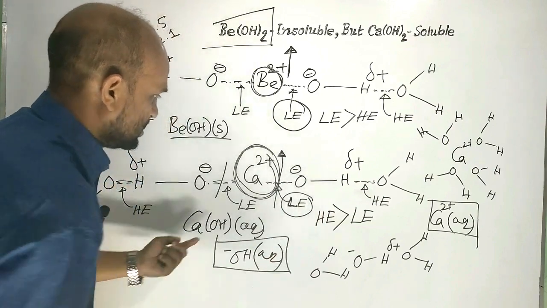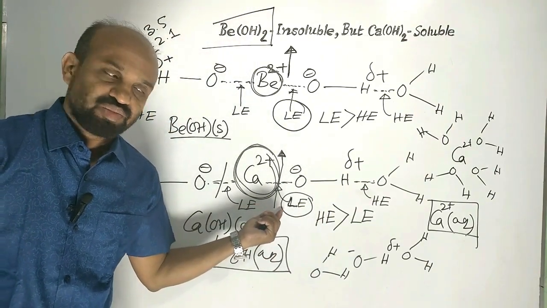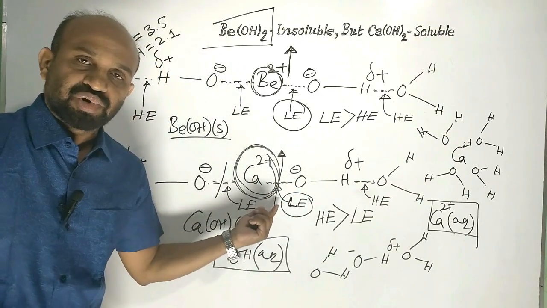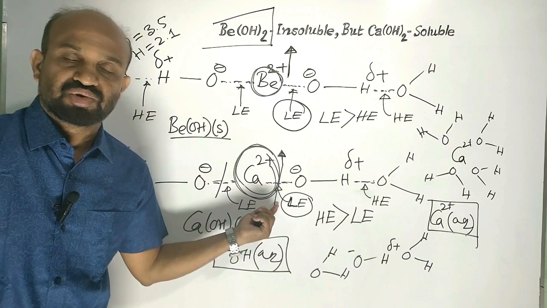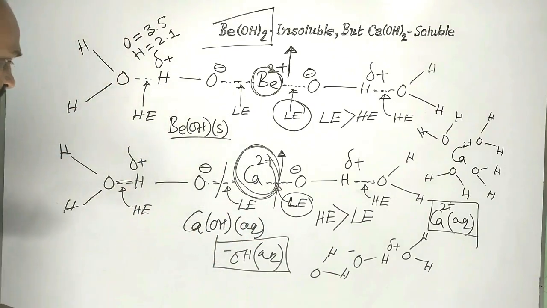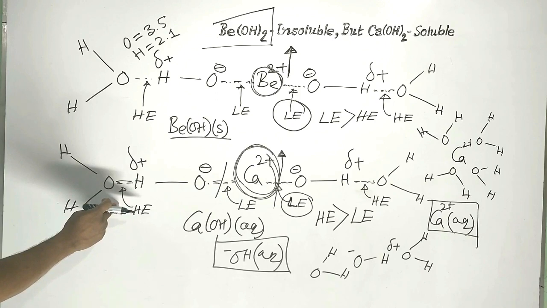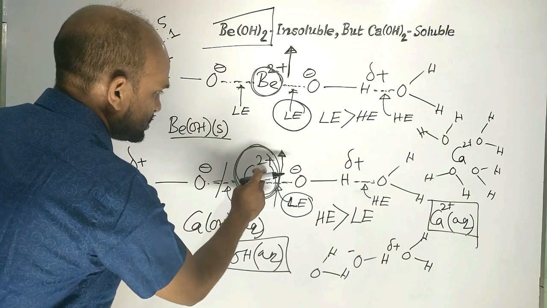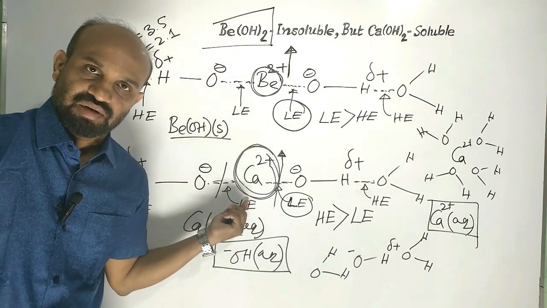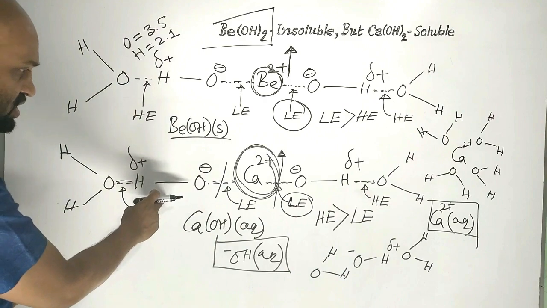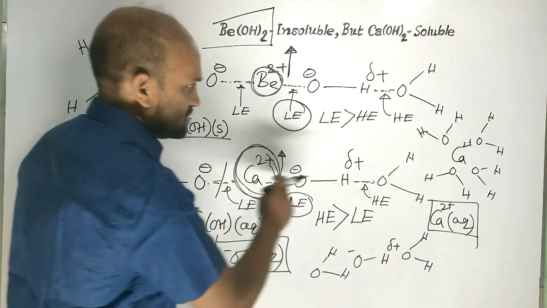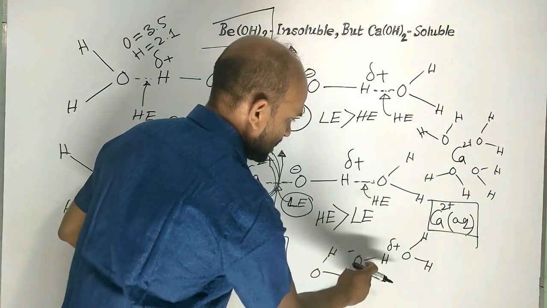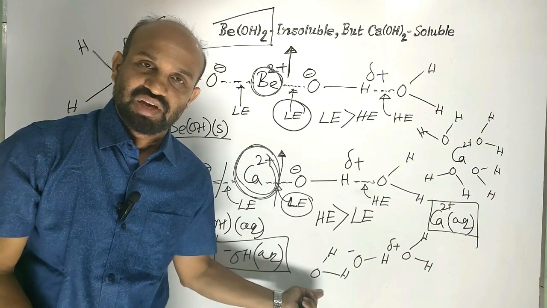At one stage, the attraction force between calcium ion and hydroxide ion breaks and it goes to the solution, and in this case hydration energy exceeds the lattice energy due to the lesser charge density of calcium ion. Calcium ion is surrounded by the negative end of water. Hydroxide ion is surrounded by the positive end of water.